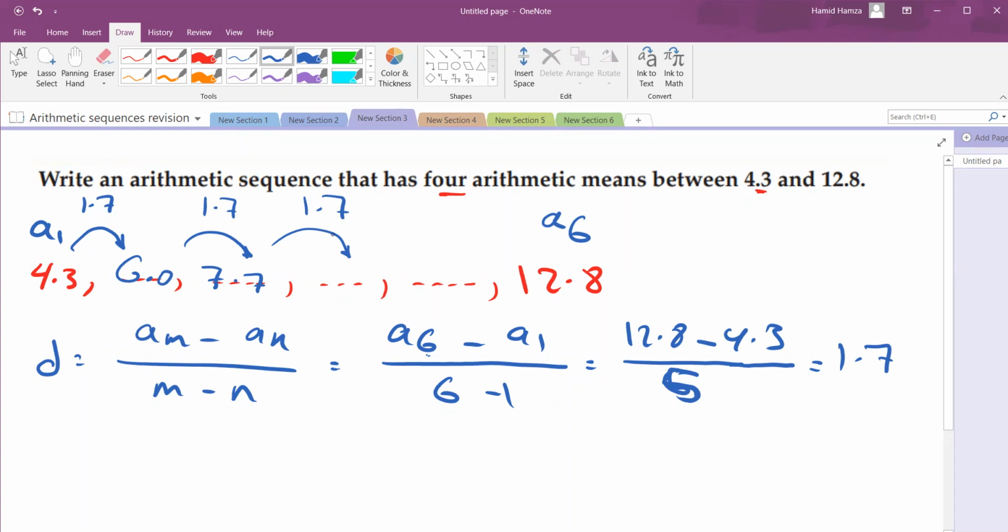So 7 and 7 will be 4, carry 1, 2 will be 0.9. And like this, 1.7 will be 1. 2 it will be 0.11 like this. Okay, guys. So this is the arithmetic sequence. Got this, guys?